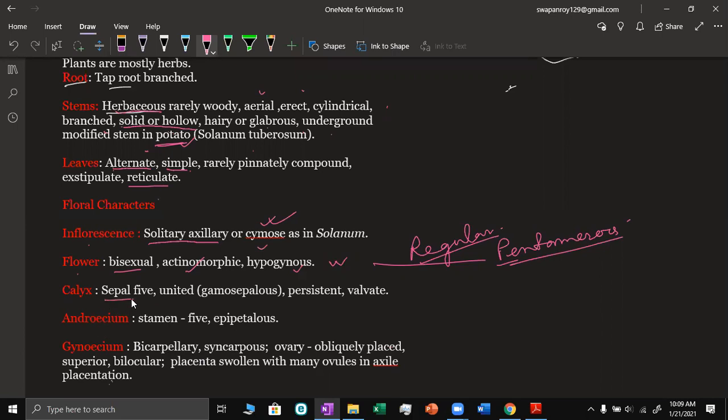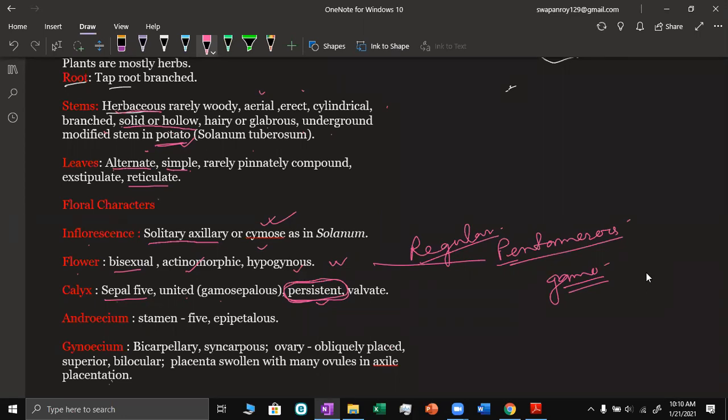Calyx is sepals 5. In Solanaceae, it is gamo, okay, united. Calyx, sepals 5, united, that is gamosepalous. One of the important features of the sepal is that it is persistent. The sepal remains in the fruit also. That's why in the brinjal you can see the sepal fused with the fruit.